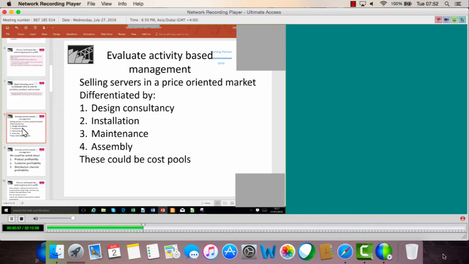These could be our 4 key cost pools, and as such, they would then identify for us how much a specific server was costing us and whether or not we were selling it for sufficient price to make a profit.